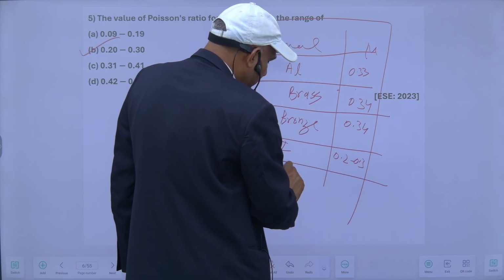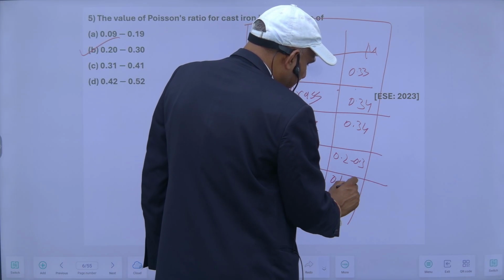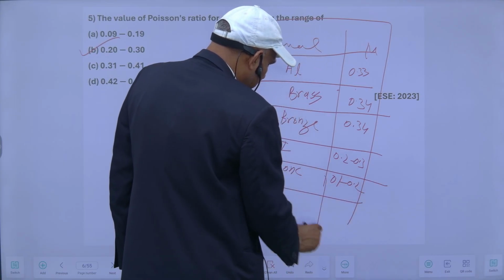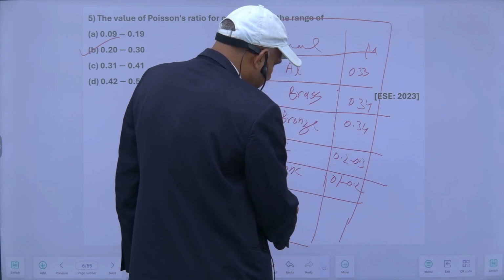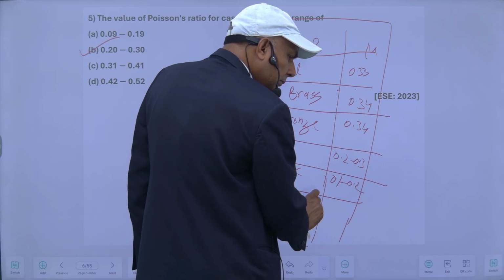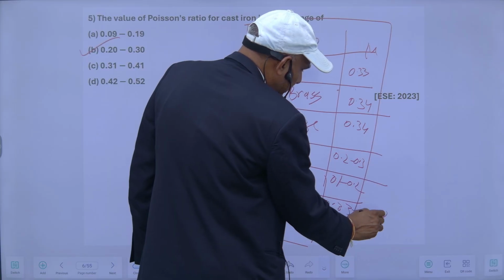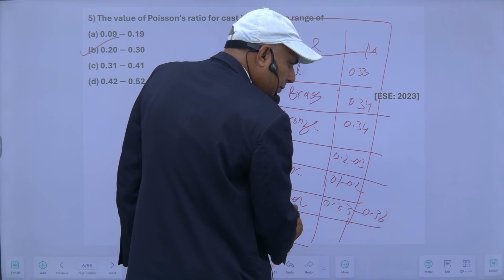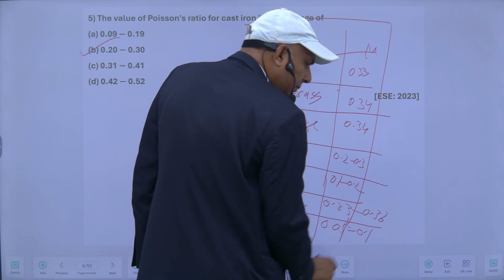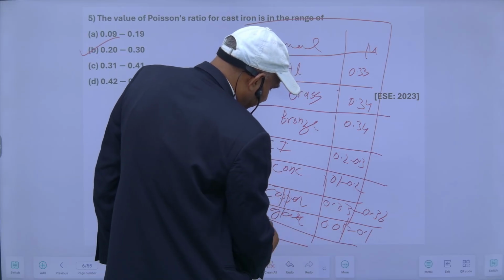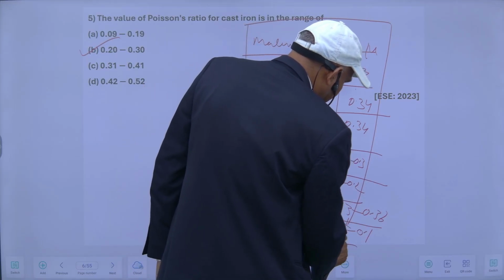For concrete, it is 0.1 to 0.2. For copper, 0.3. Then glass, it is 0.05 to and rubber is 0.5.